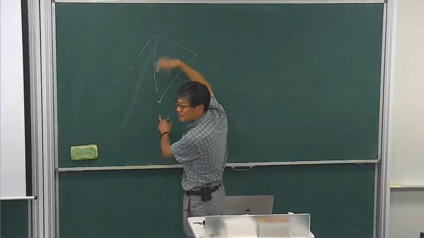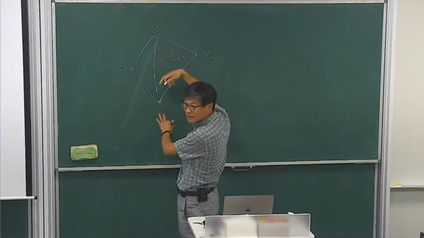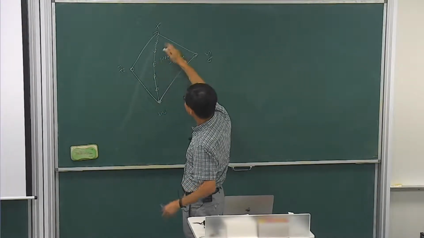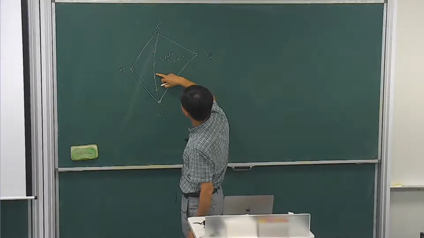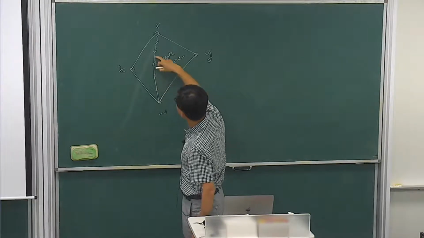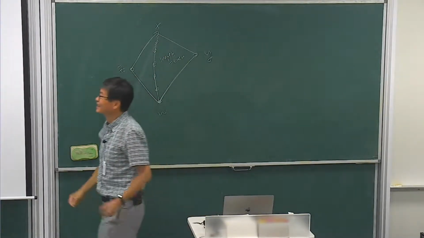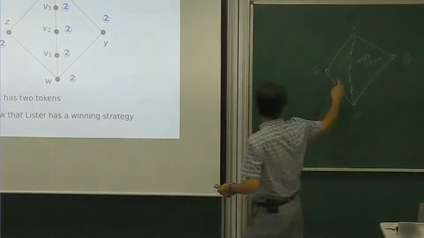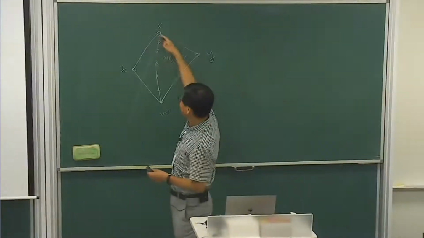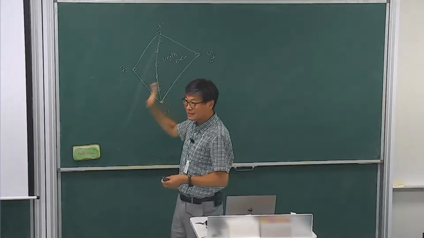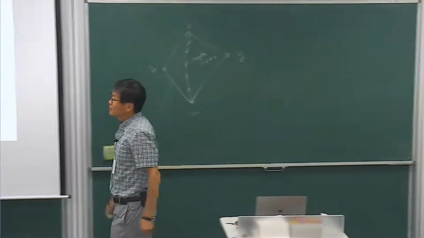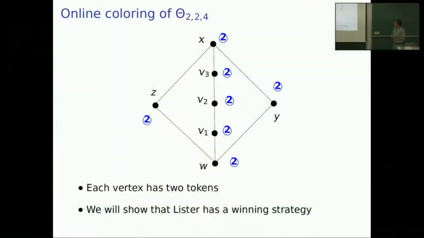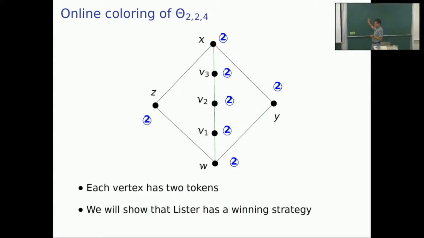This middle part, the length should be even, right? If this part is odd, then it is an odd cycle. And then we can check this kind of graph is 2-choosable.